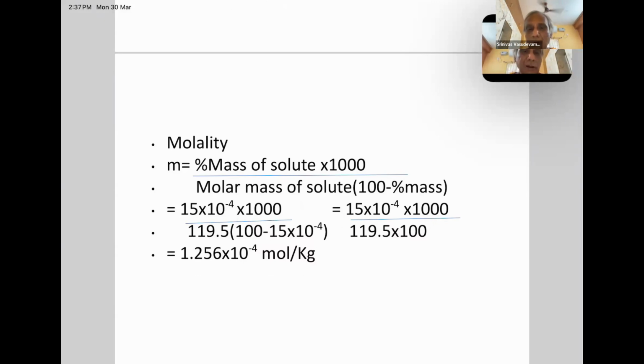So 15 into 10 power minus 4 by 119.5 into 1000 by 100, which is 1.256 into 10 power minus 4 mole per kilogram. Whenever you do a numerical, write the formula clearly, show the substitution clearly, and write the answer with its unit. Unit also carries marks.